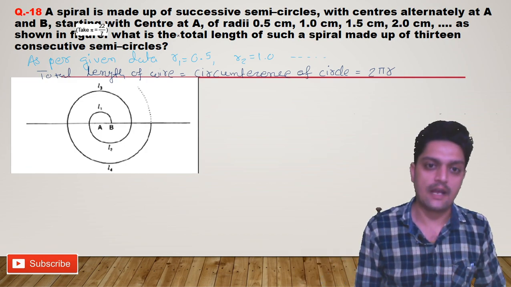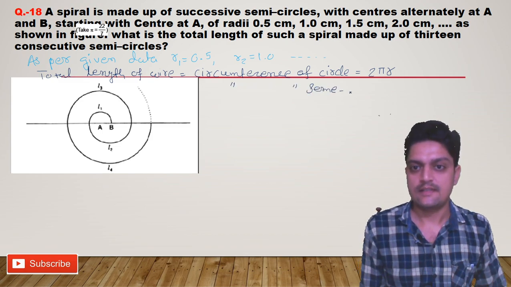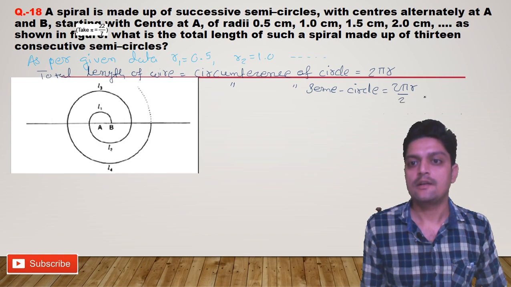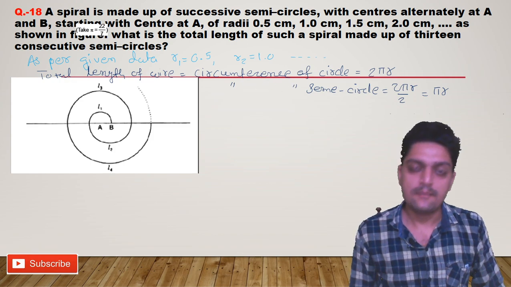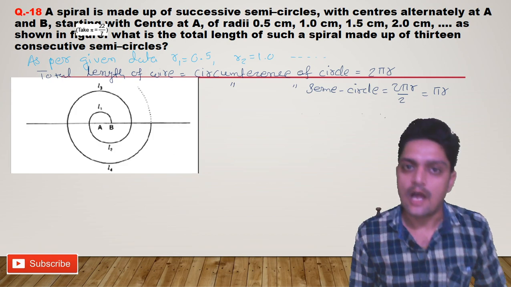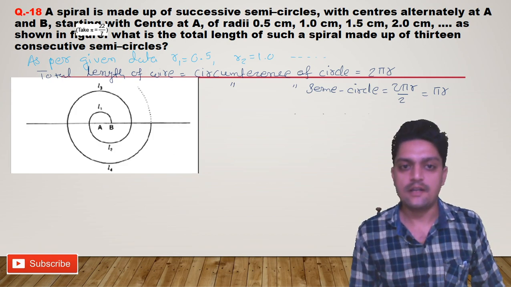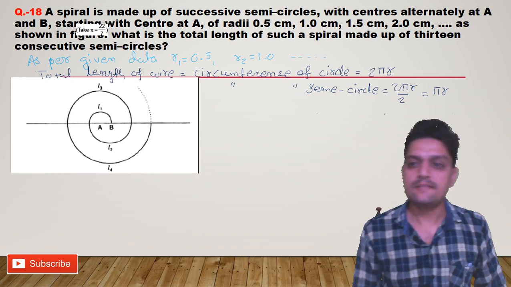So the circumference of a semicircle is 2 pi r by 2, which is just pi r. You don't have to write this kind of inverted comma in the exam, because in board exams these are not allowed. I have written it here, but you have to write in the proper way.